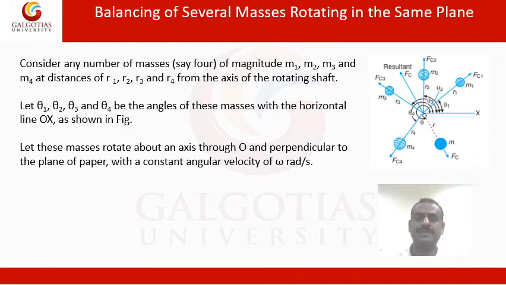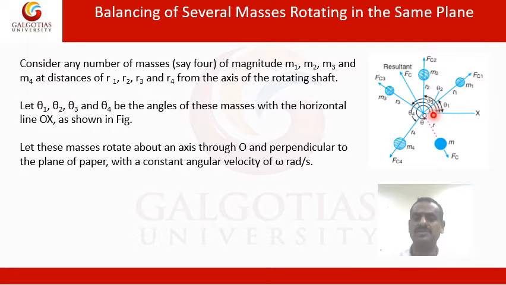Now we'll see the balancing of several masses rotating in the same plane. Consider any number of masses, say 4, of magnitudes m1, m2, m3 and m4, at distances r1, r2, r3 and r4 from the axis of the rotating shaft. Let us consider a point O. From the horizontal axis, we are considering the 4 masses.